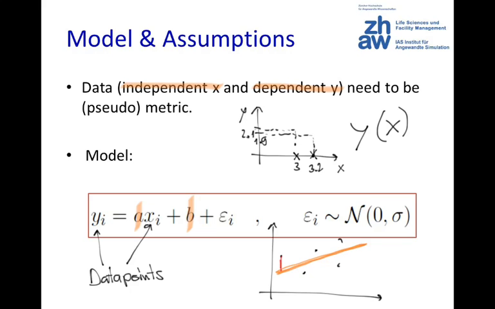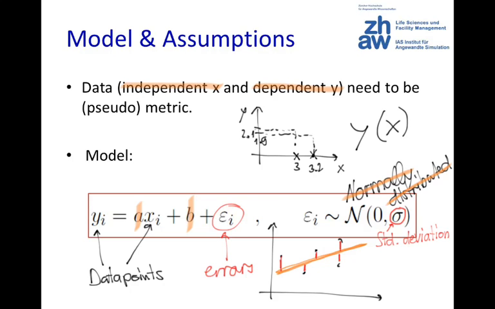Epsilon i corresponds to these values here. Now there is an assumption on these errors, namely that they are normally distributed. Especially consider that the parameter sigma, which is the standard deviation, is constant over all the points yi, xi.